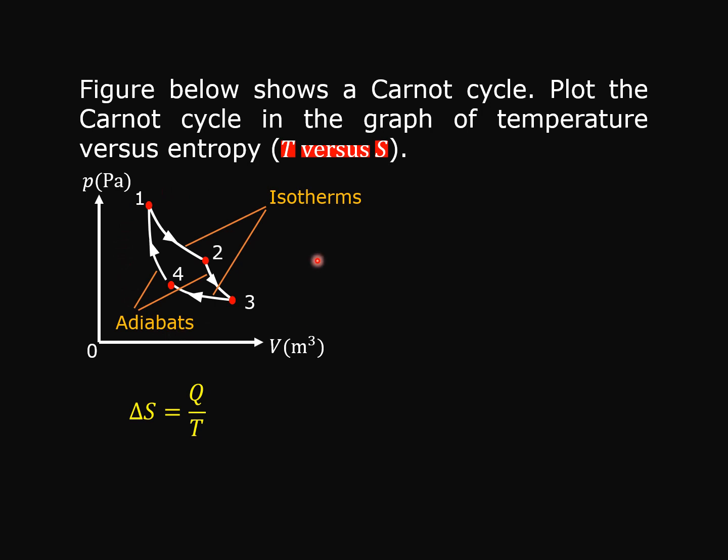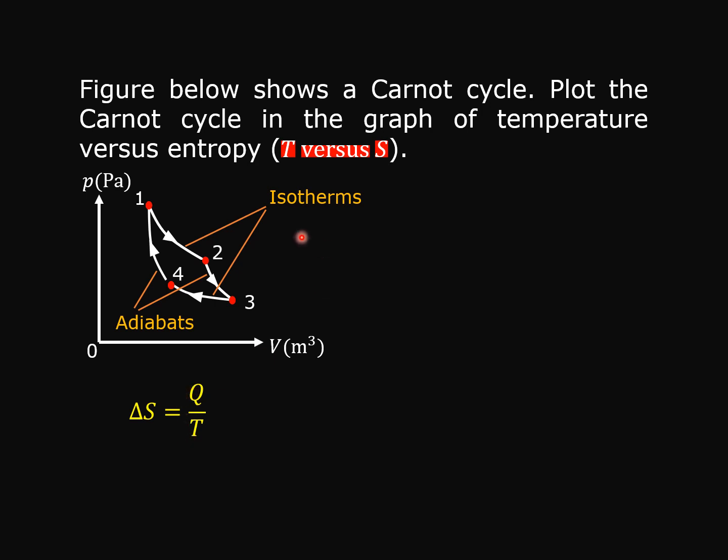We want to transform this Carnot cycle into the graph of T versus S. So we need to know the relationship between the temperature and the entropy. We have this entropy change formula, which is equal to Q over T, where T is a constant temperature. Q is the heat transfer to the system or from the system.